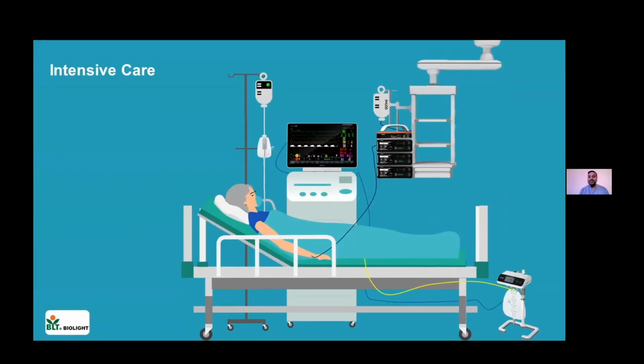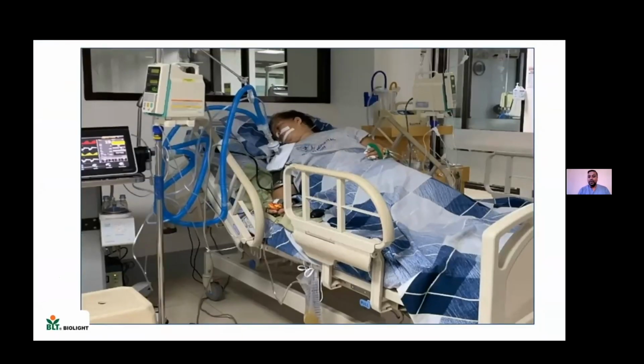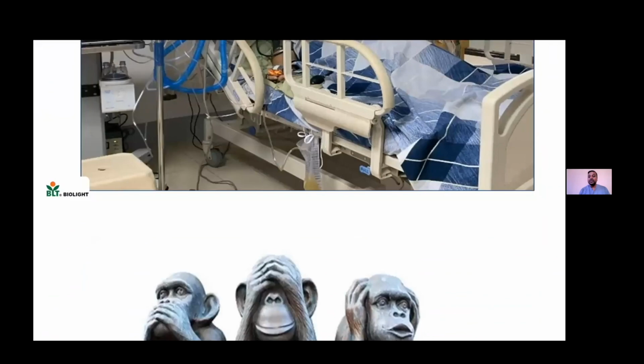Now, this is the scenario of the intensive care unit. Whenever the emergency doctor enters the ICU, we can see this type of setup. On our monitor, one of our patients in the ICU landed up like this. When I entered, we were puzzled. Several circuits, many monitors, so what to do?